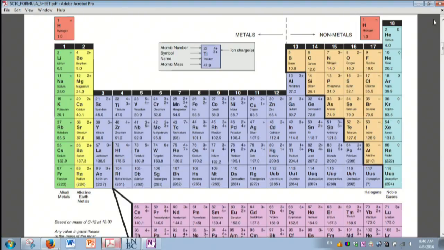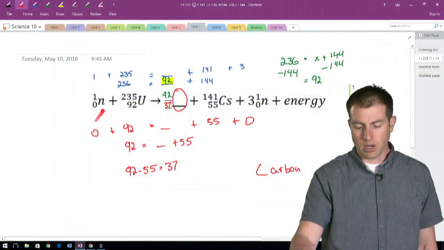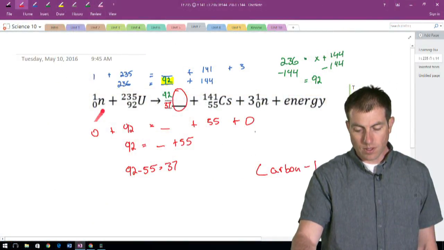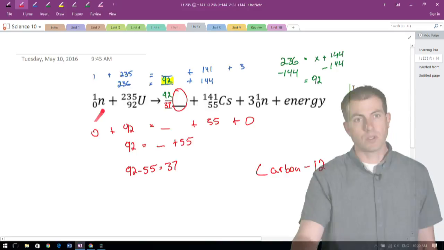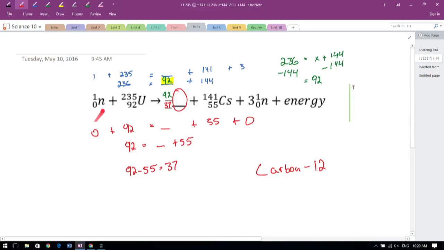If I talk about something like carbon, it can be carbon-12. Most of the carbon is carbon-12, but I can still have carbon-14, that's the radioactive carbon.